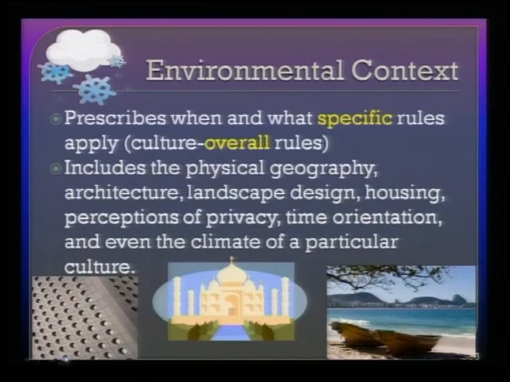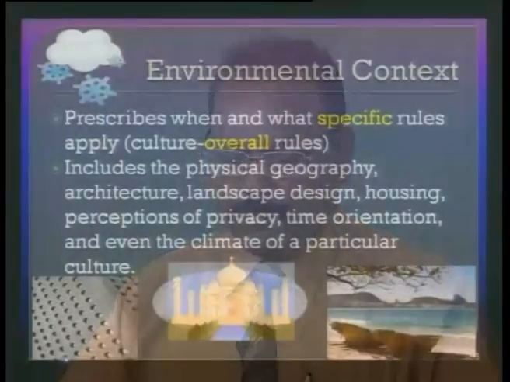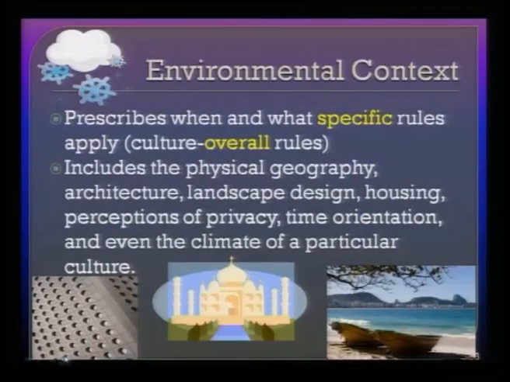Is it okay to call somebody at 12 o'clock, midnight, and so on. Then time orientation, which we again discussed before in non-verbal communication, such as the monochronic perspective, where time is seen in a linear principle, and the polychronic perspective, where time is a flexible component, and even the climate of a particular culture.